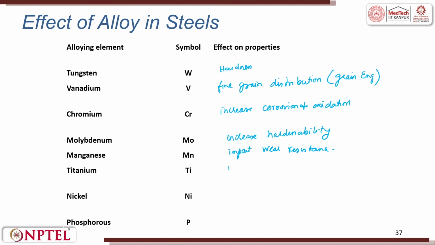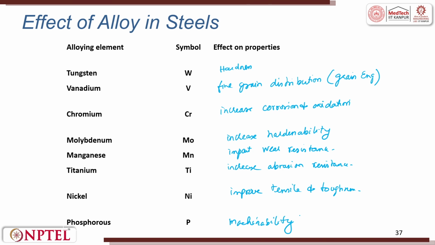Titanium is to increase abrasion resistance. Nickel is to improve tensile strength and toughness. Phosphorus is to enhance machinability, that is to say, we can easily machine the component.